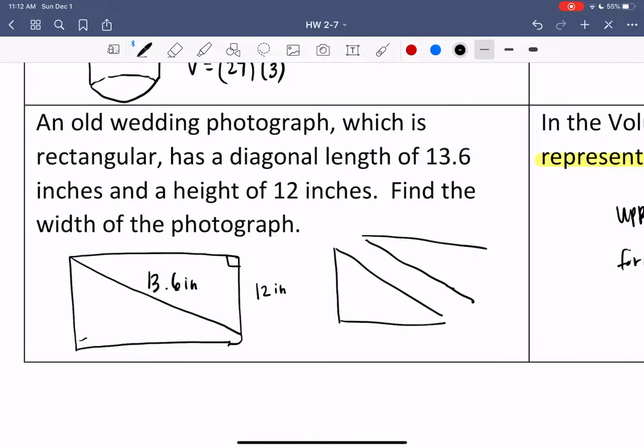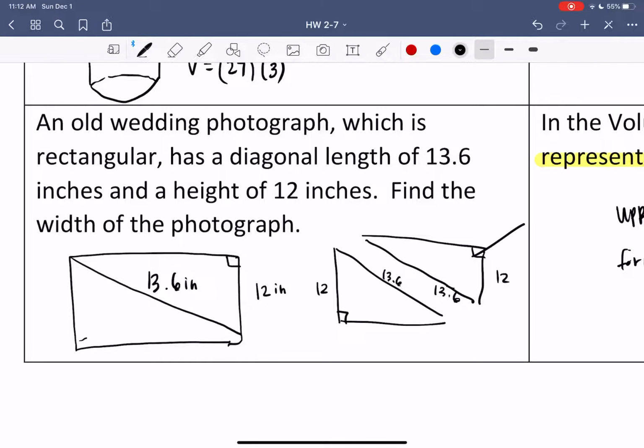And again with this one, I just want you to notice that we now have two congruent right triangles that we could solve for our third leg. So we have a 12, a 13.6, or if it's upside down, 13.6 and a 12.